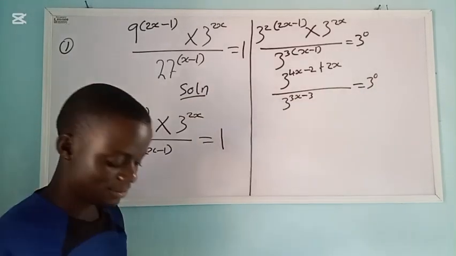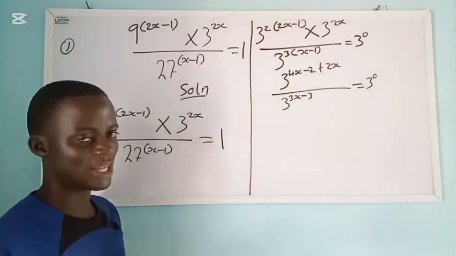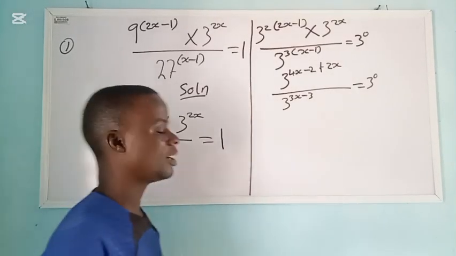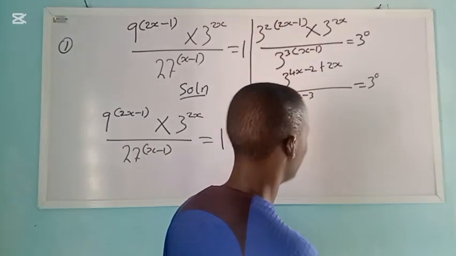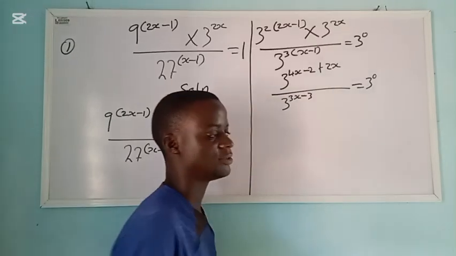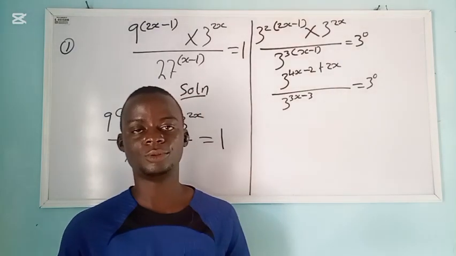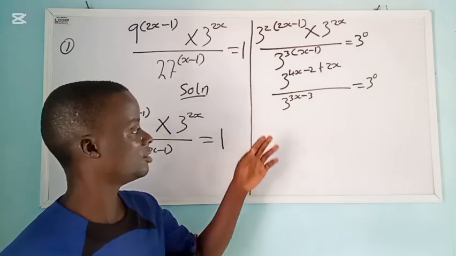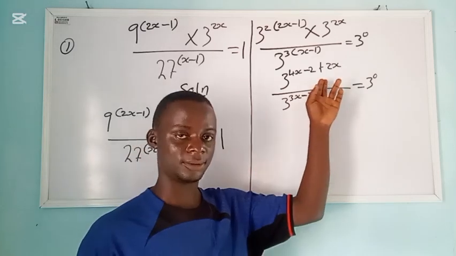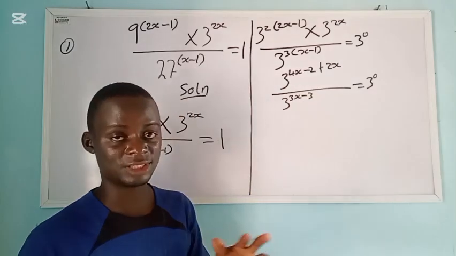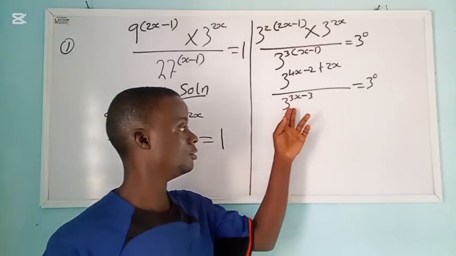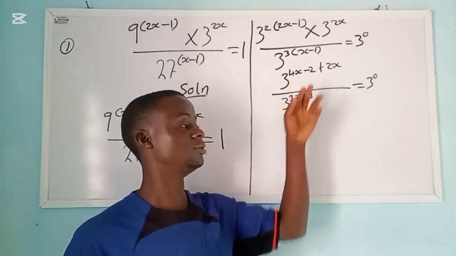So now, if you can check, you see that we are breaking it down. Now we need to do another thing here. You know that in the law of indices, when the same bases are divided, you minus the power of the denominator from the numerator.